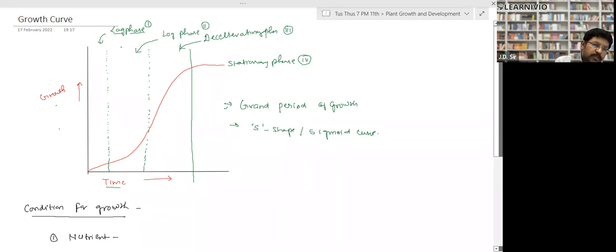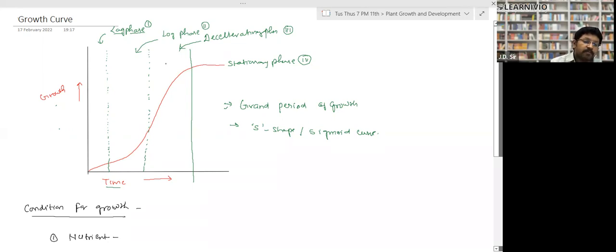So the initial phase is called lag phase. During the lag phase, a seed germinates, new part formation takes place, it grows slowly. Then the next phase is log phase. In log phase, the plant starts growing exponentially. This is the young time period of the plant when it will grow speedily, and the graph's slope will be very steep.